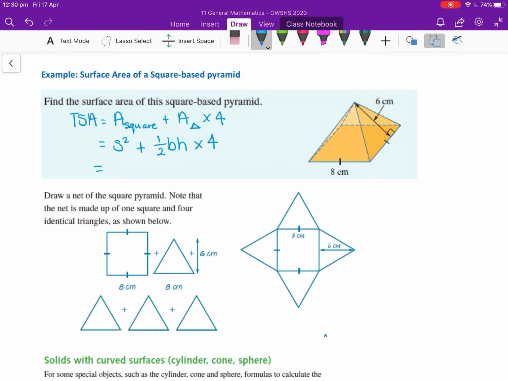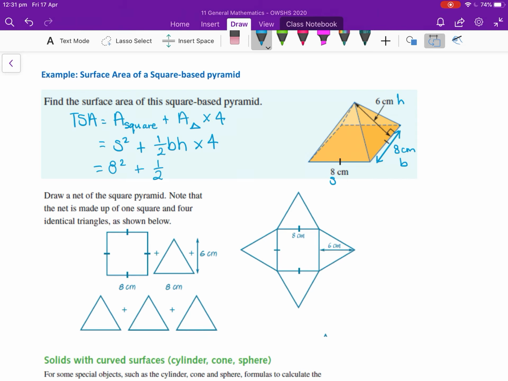Then we can work out which values we have. Our 8 is our side length, S, and our 6 is the height of the triangle. The base is this length here, which is also 8 centimeters, which is our B in regards to our triangle. To substitute those values in, we have our side, which is 8 squared, plus half.